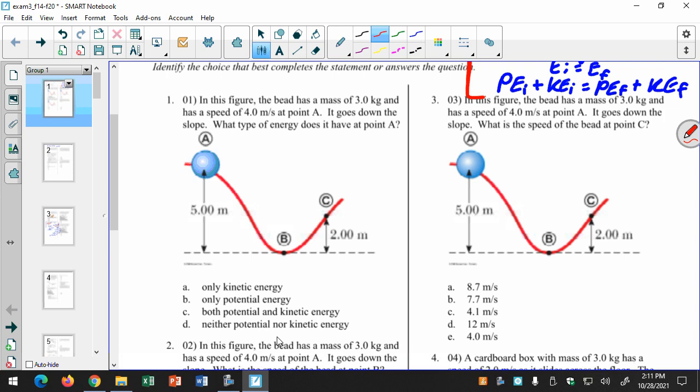Now, as it moves through, the energy is always conserved. The total amount of energy that the object has is always the same. So the potential energy plus the kinetic energy will always be constant. In some places, it's going to have 0 potential energy but a maximum amount of kinetic energy.